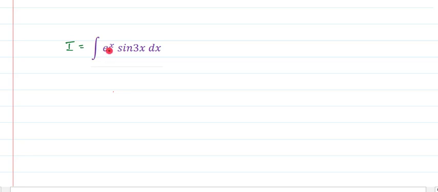I is integration of e power x into sin 3x dx. So again using Euler. Clearly exponential function will be the second function and trigonometric function is the first function according to this Euler rule.